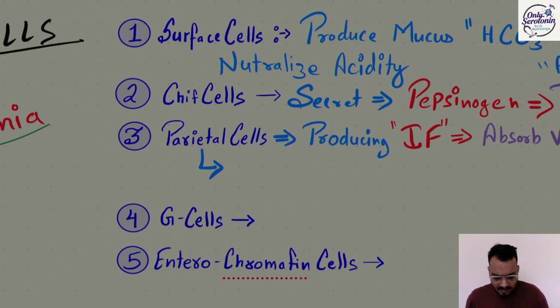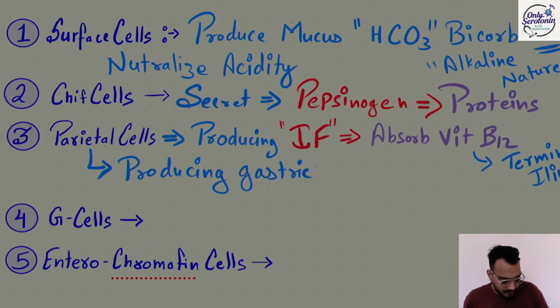What is the other thing these parietal cells are going to do? That is producing gastric acid. It is going to produce gastric acid.